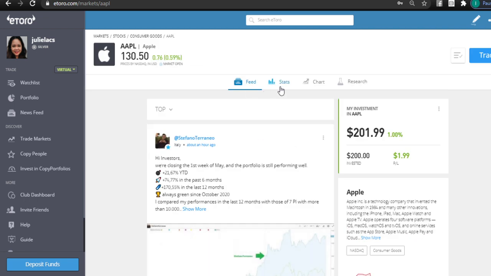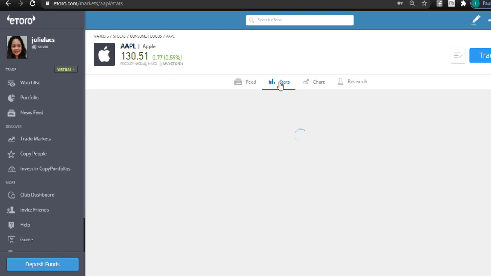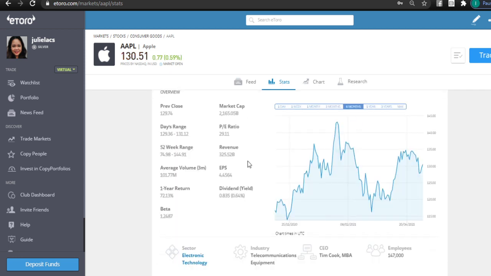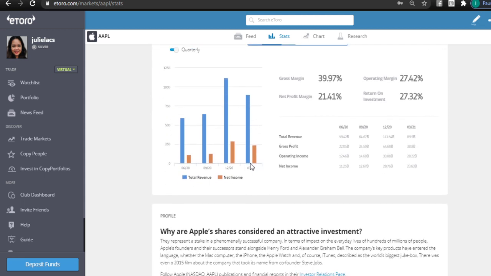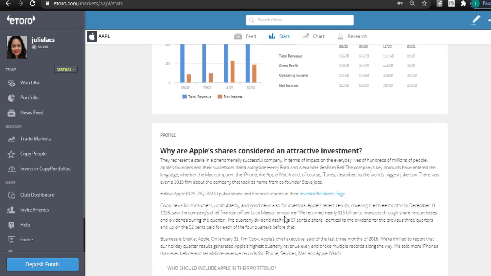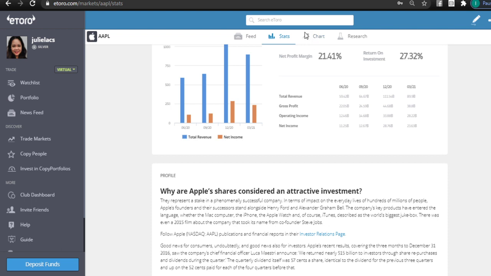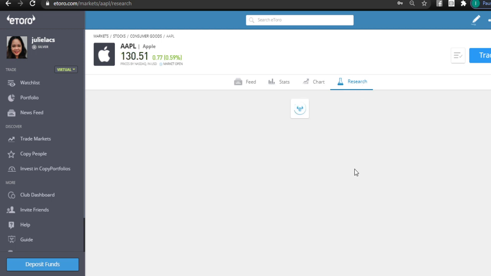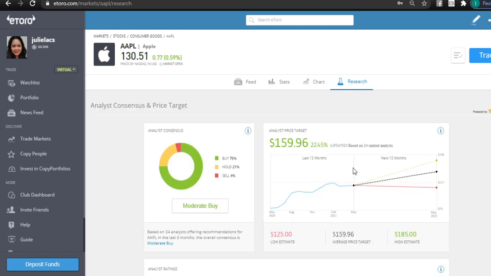It also has the stats of the company, from the revenue to the losses and gains, and some background information about the company. A chart here as well, and a research section. The research section also tells you the overall sentiment of this particular stock.